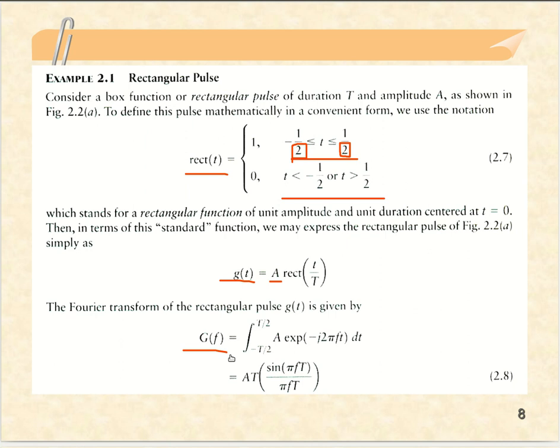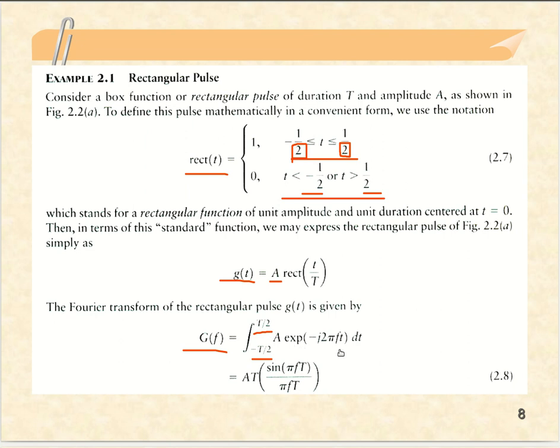However, from minus infinity to infinity it is 0 until we reach minus T over 2, and after T over 2 it is 0 also. So from minus T over 2 until T over 2, this is where it is defined. Before and after it's not defined.